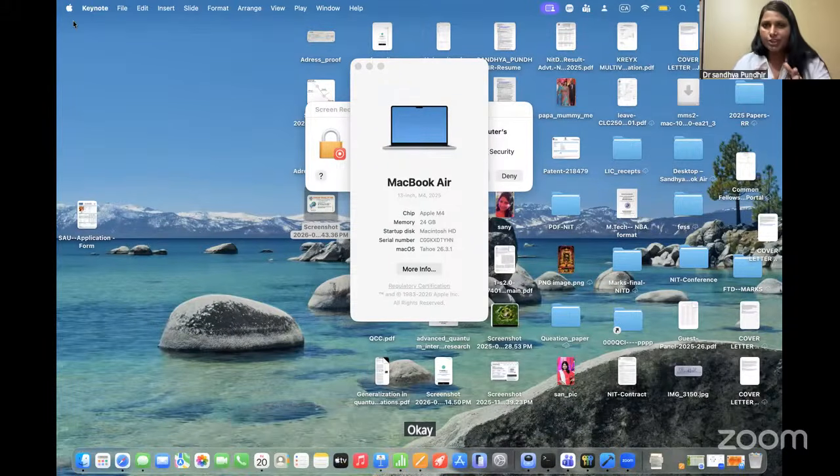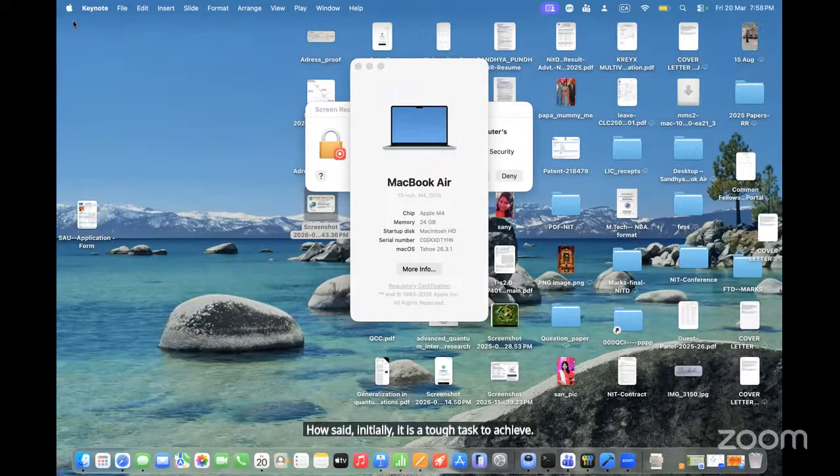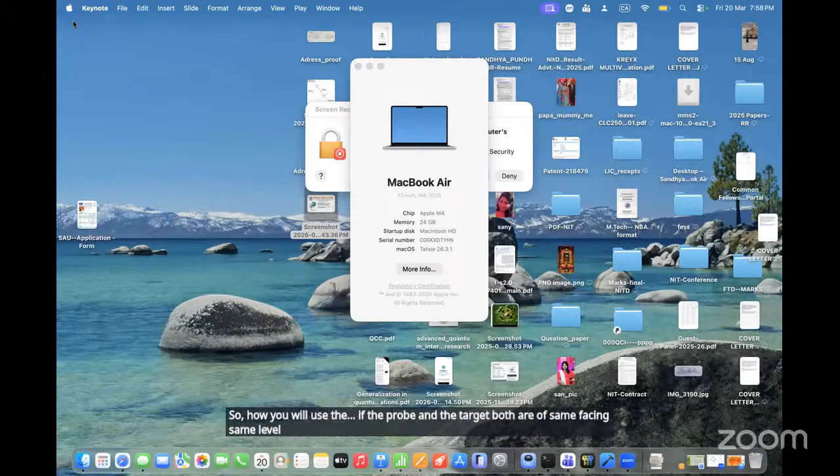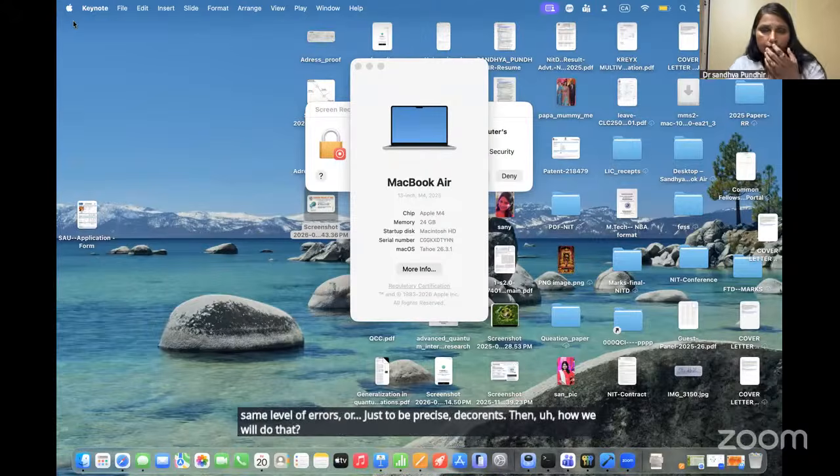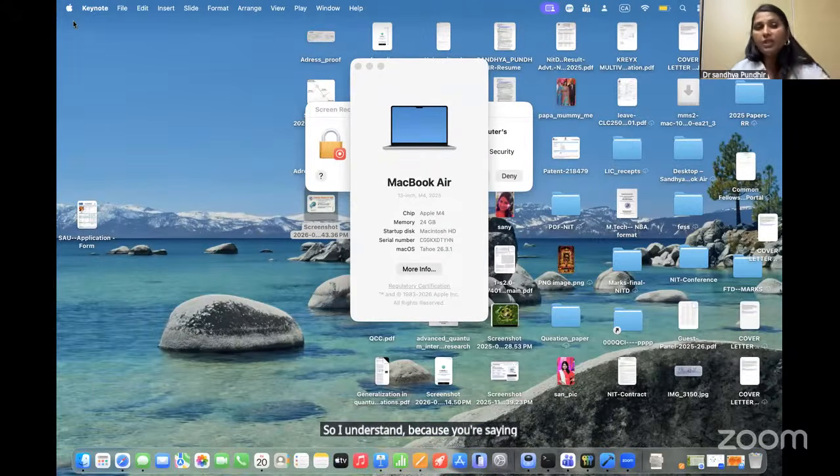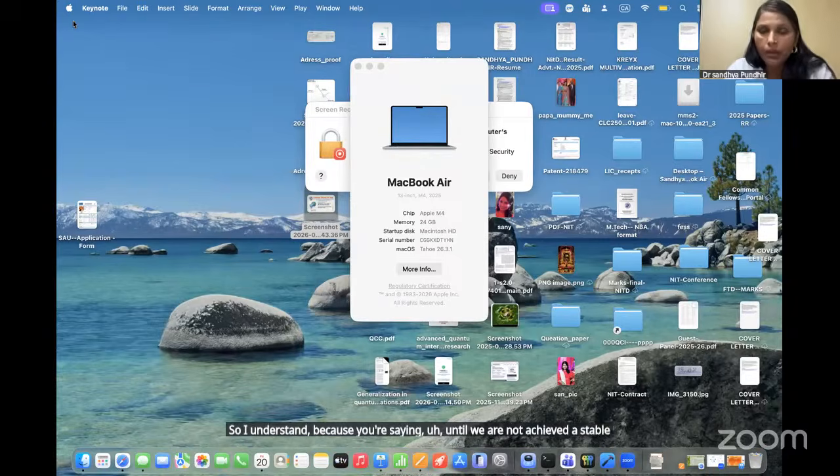Sir, initially... So it is a tough task to achieve. The time scale of the coherence is both intact. So how will you use it if the probe and the target both are facing the same level of errors, or just to be precise, decoherence, then how will we do that? So I understand, because you're saying until we have achieved a stable system, how can we apply this, right, sir?